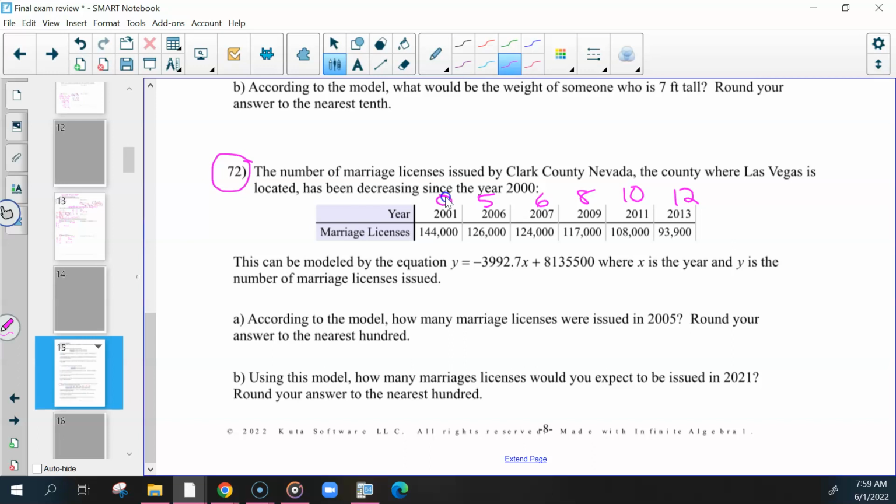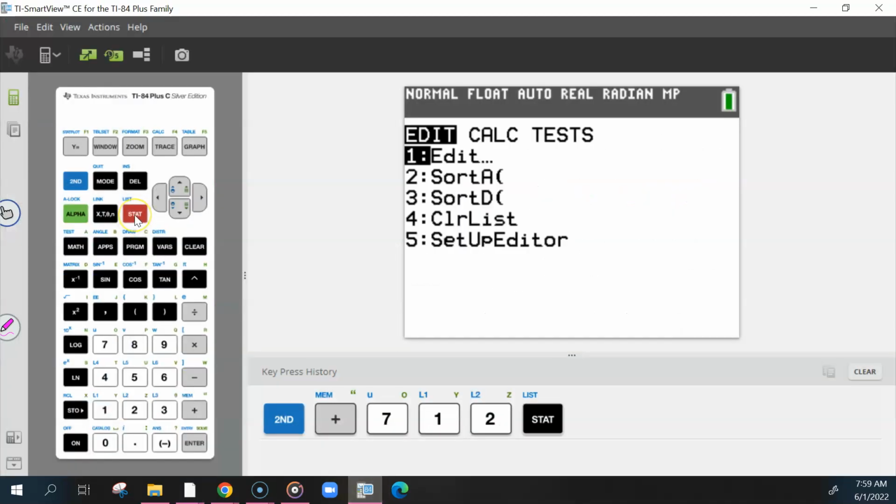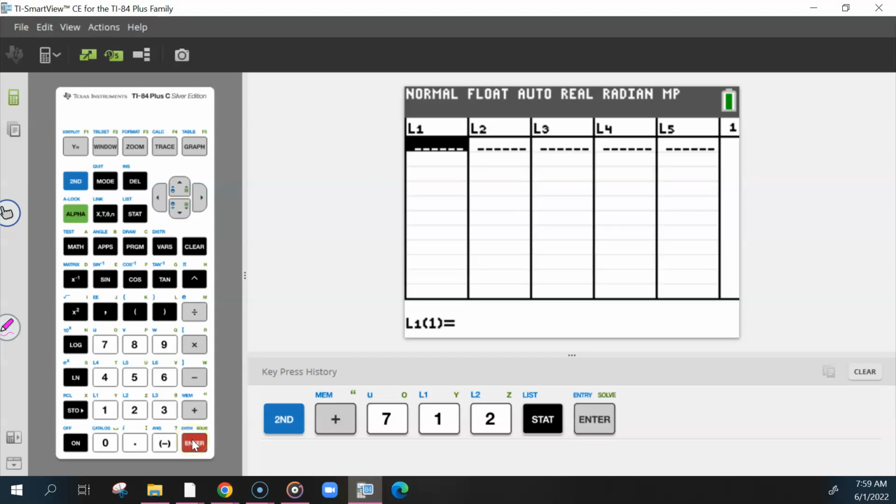So in your calculator, you're going to go into Stat, next to the arrows, and then go into Edit, and start putting in those numbers in L1 and L2. If you have numbers in your L1 and L2, go up to the top, hit clear, not delete, but clear, and then scroll back down, and it should clear it out.